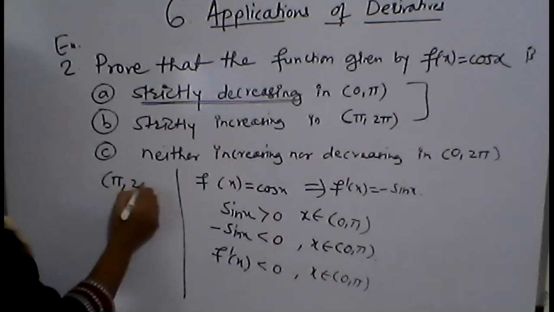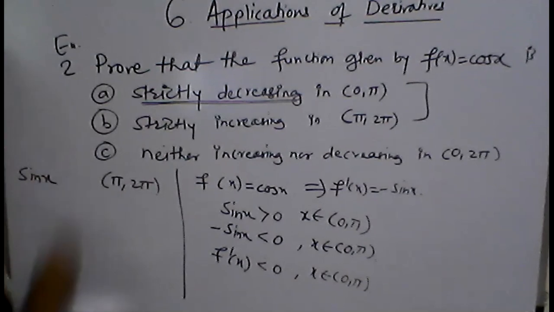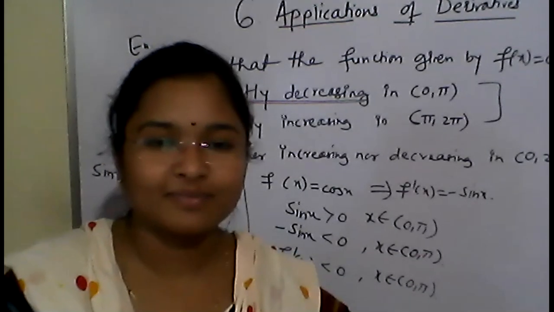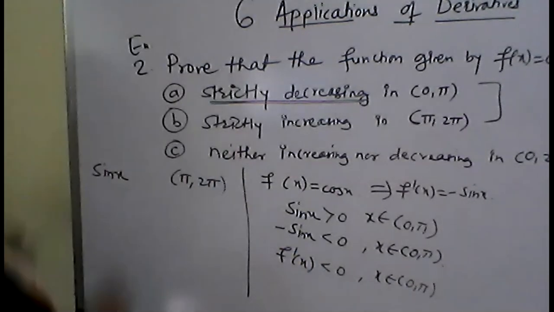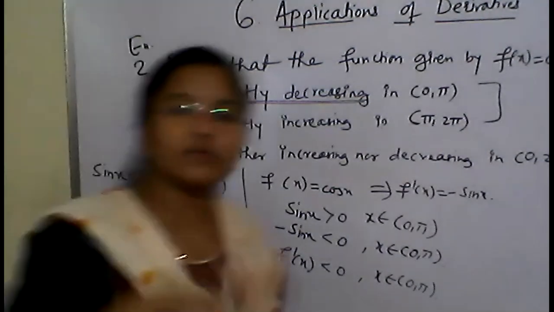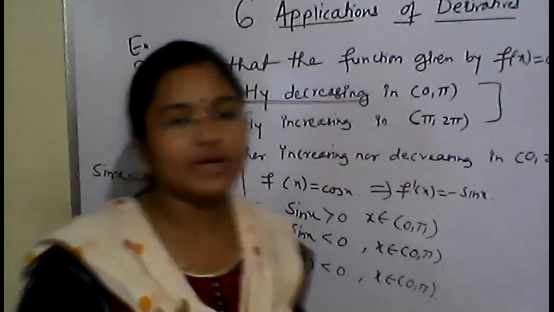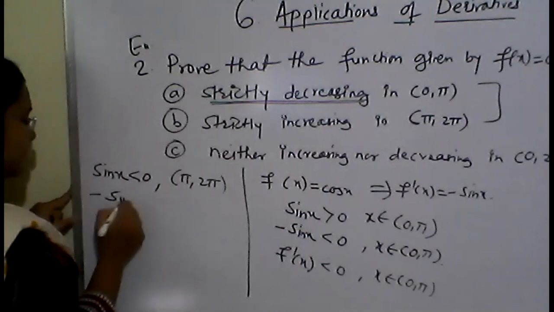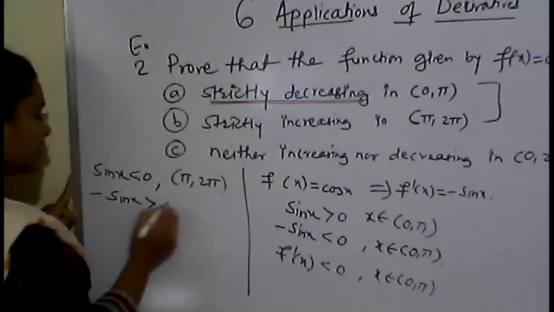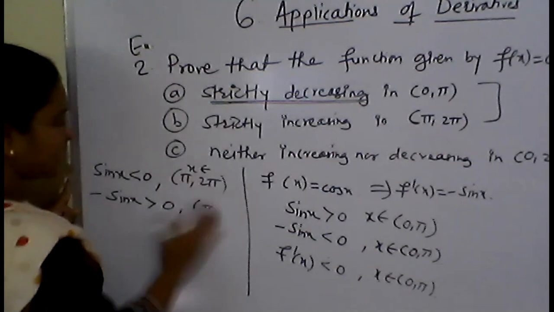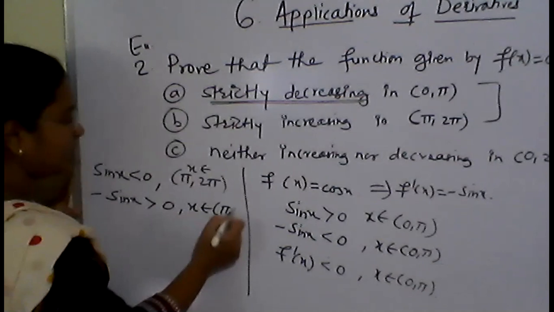Now for the interval pi to 2 pi, negative or positive? In the third quadrant, how is sine? Negative. So sin x is less than 0 for pi to 2 pi. In both the third and fourth quadrants sine is negative. So here, by the minus sign it will be positive. You can write x belongs to pi to 2 pi.